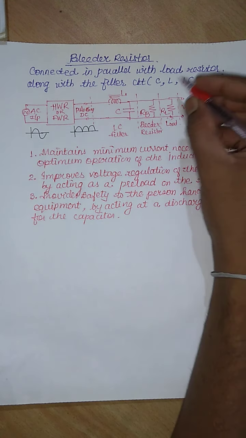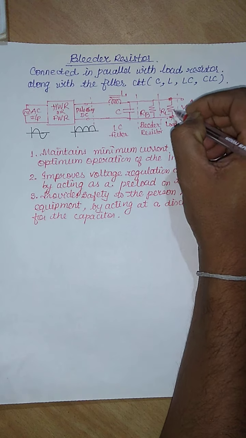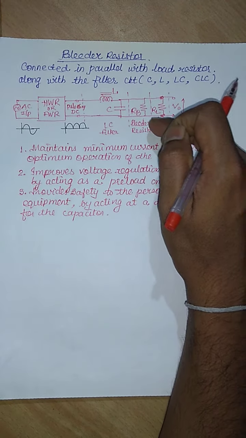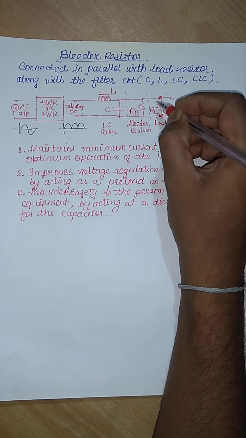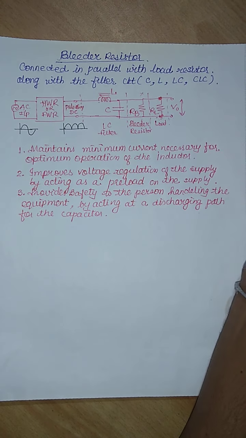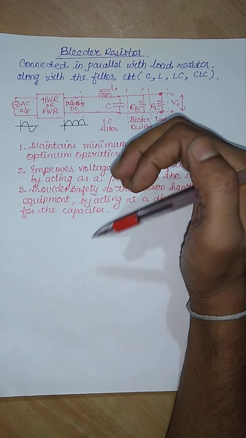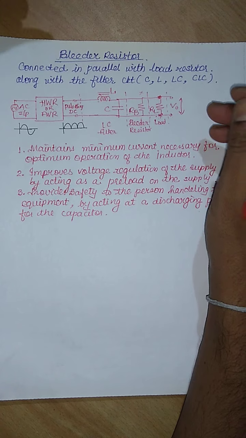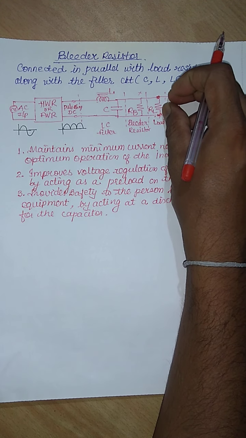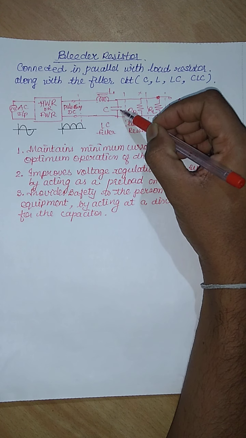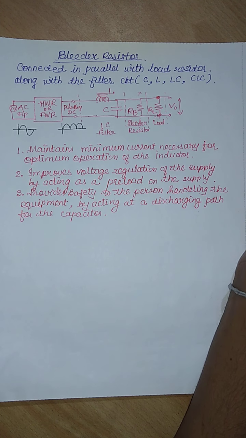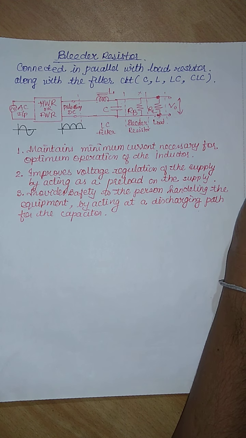Say for example, the device is on, this rectifier along with the filter, and say this bleeder resistor is not present and the supply is on, and at the same time by mistake I touch this output. There is a chance that the capacitor will fully discharge through my body and it may be hazardous.